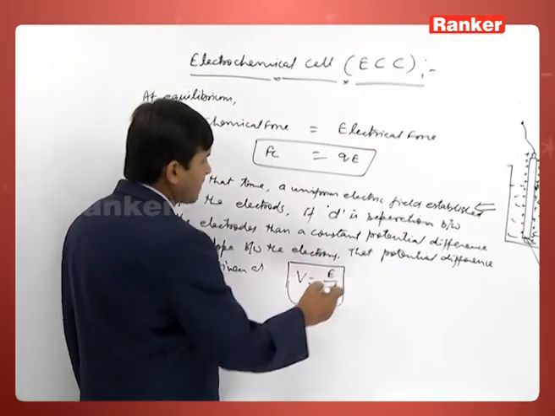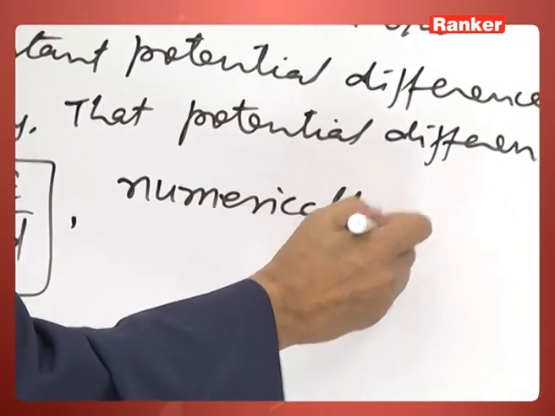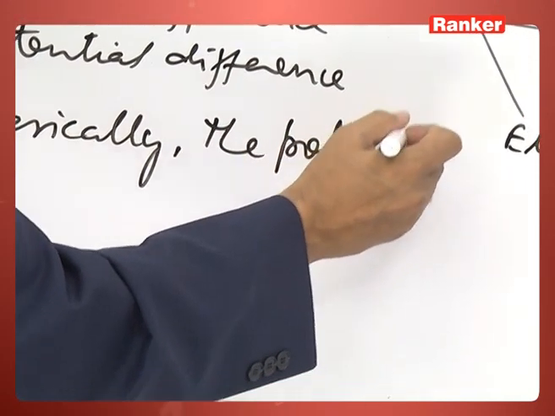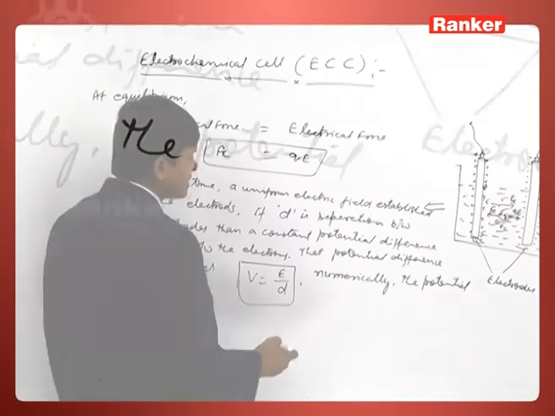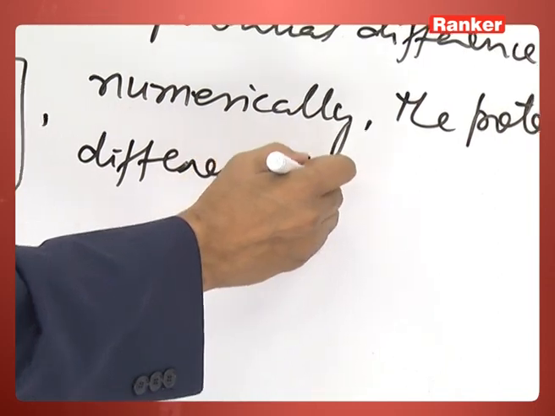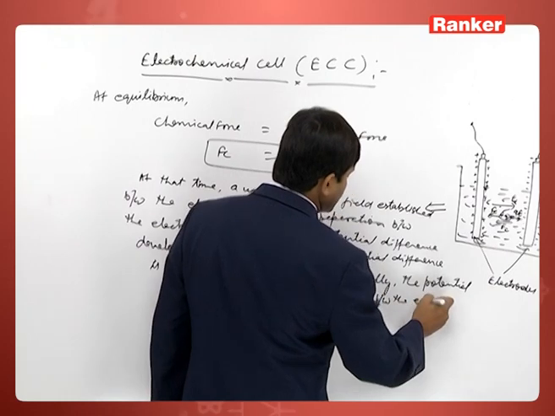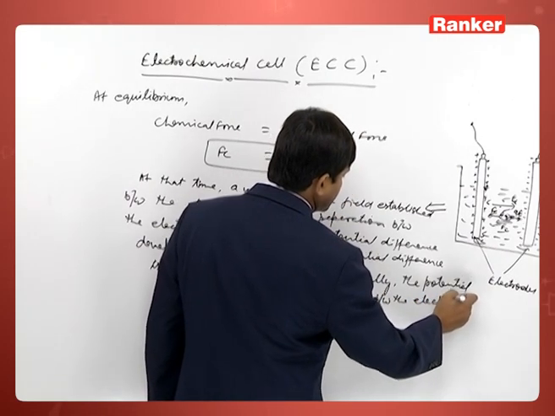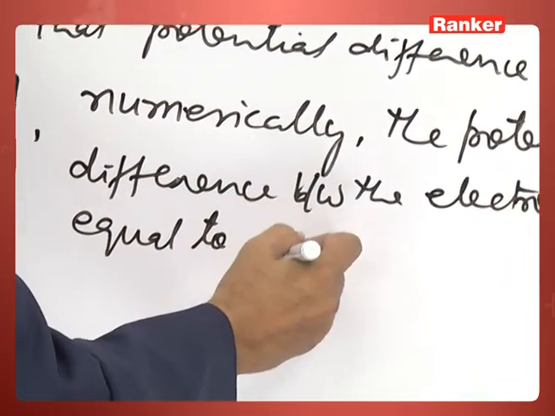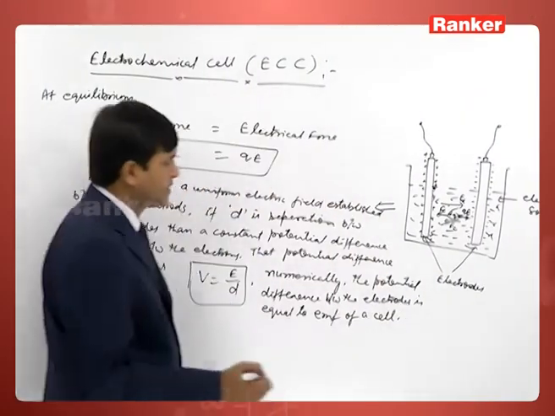And numerically, the potential difference between the electrodes is equal to the EMF of a cell.